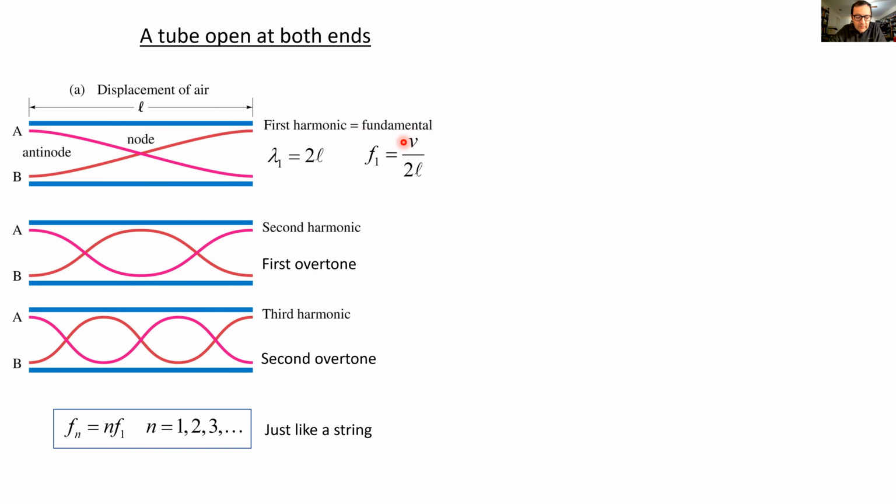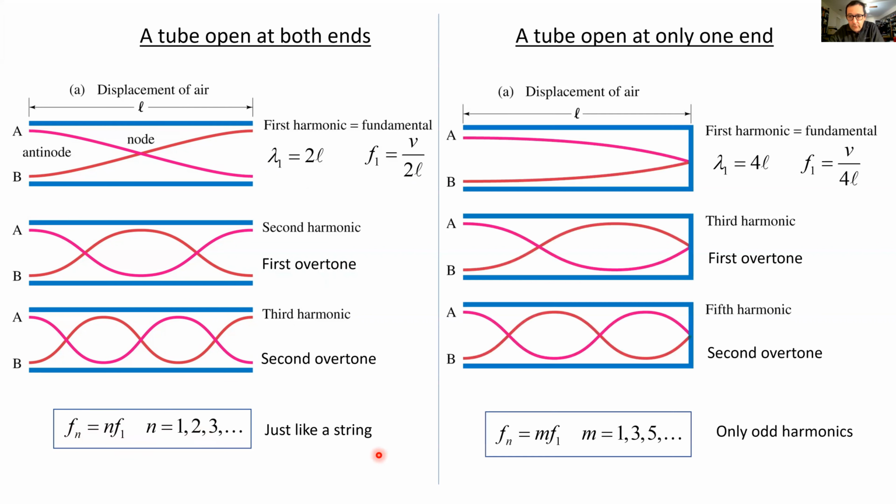The fundamental frequency of oscillation is V over 2L, L is the length of the pipe, and higher harmonics have frequencies like this. For the tube that's open at only one end, fundamental frequency is V over 4L, and higher harmonics occur with only odd multiples of the fundamental frequency.